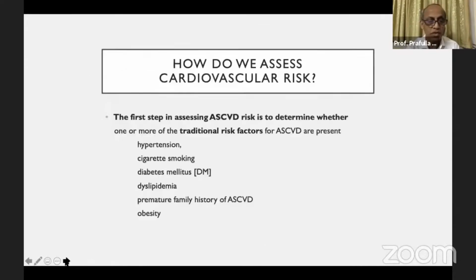So having known the why of it, how do we go about doing it? We have to look at what Dr. Unni talked about, the traditional risk factors as were described in the Framingham study way back in the 90s. Hypertension, and cigarette smoking, which in your young, 30 to 40 age group PCOS patients is an extremely high risk factor. And then diabetes mellitus, dyslipidemia, premature family history of ASCVD.